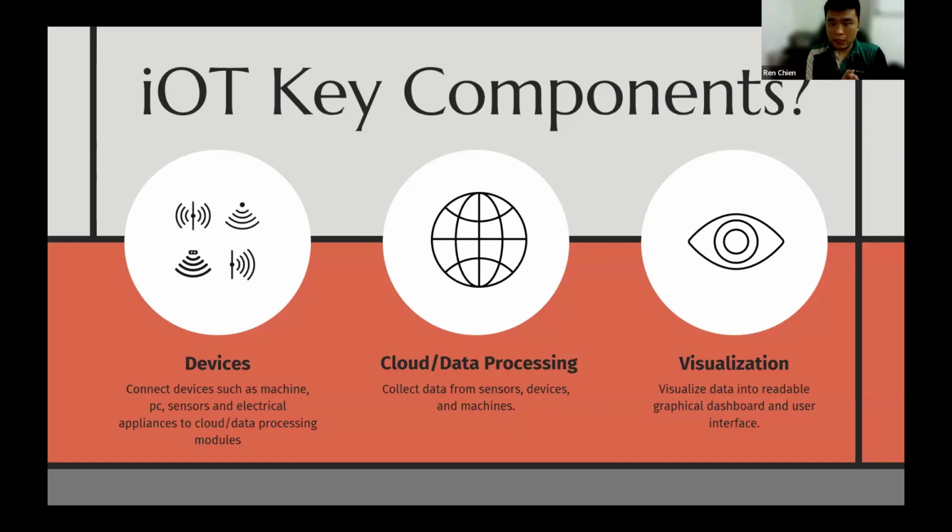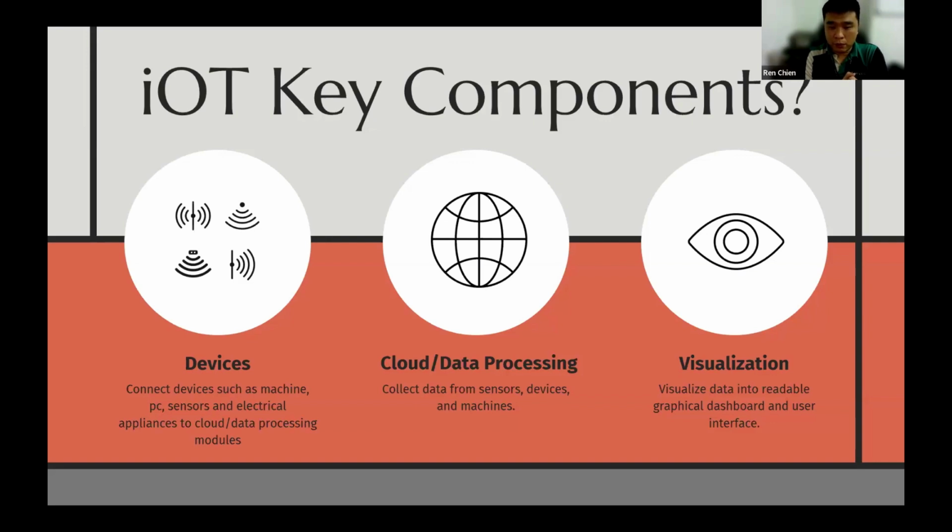In order to achieve IoT, there are a few key components we need to have. The first one is the devices. We make use of devices such as sensors, a lot of reading meters, and also devices like machines.